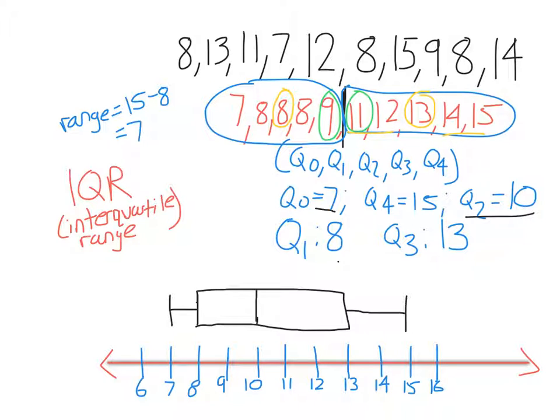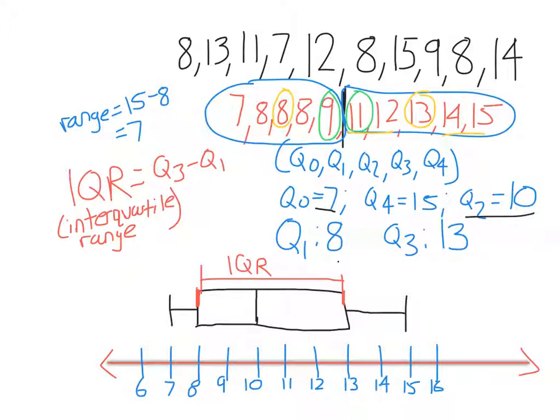The interquartile range is just Q3 minus Q1. It tells you the difference between that middle 50% of the scores, from this point to this point. That distance is the interquartile range. And so, like the range, it's a measure of spread, but it's not susceptible to outliers.